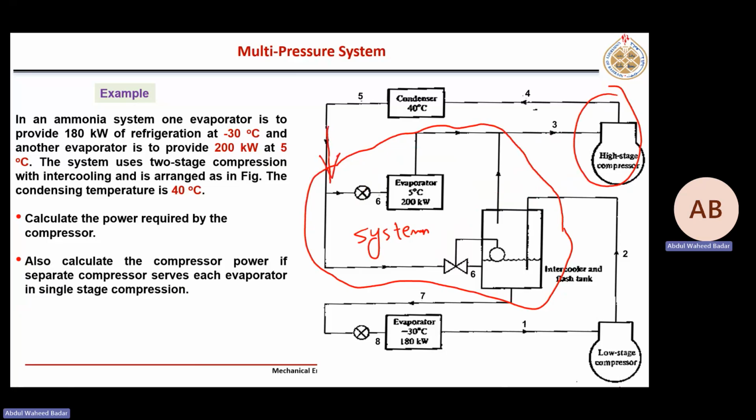This is entering. This is also entering. This is leaving. And this is also leaving. I have included both of these into my system. That's why this is leaving. Any other thing entering or leaving?